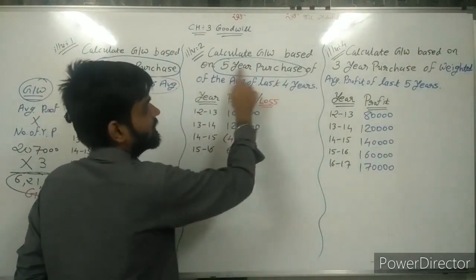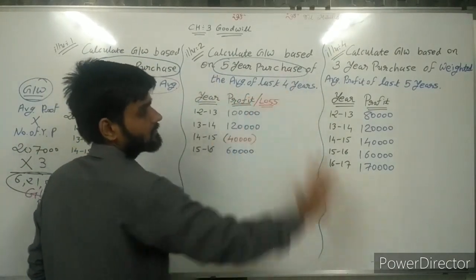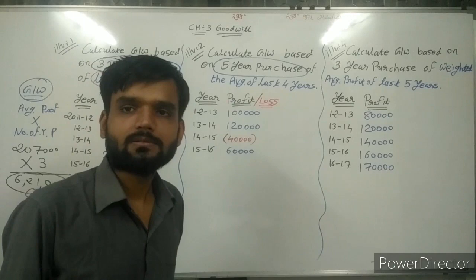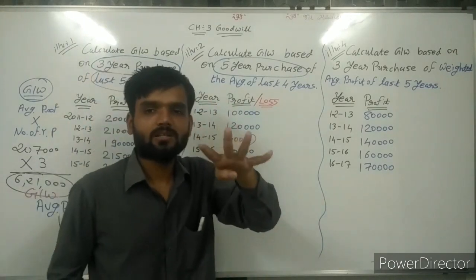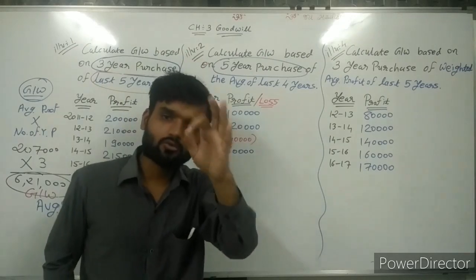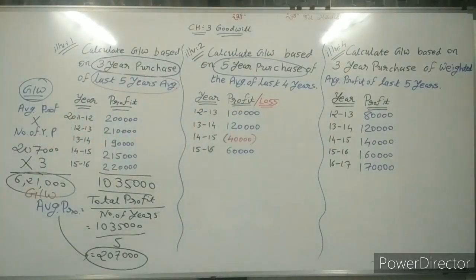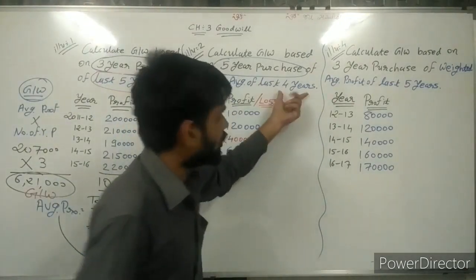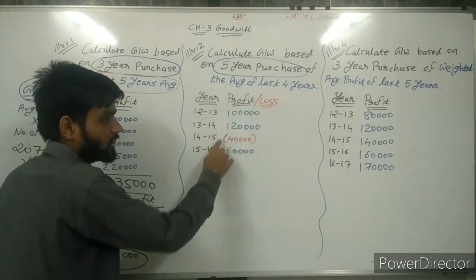Here it is given: 5-year purchase of the average of the last 4 years. It means 4 years of information is given to you: 1, 2, 3, 4.